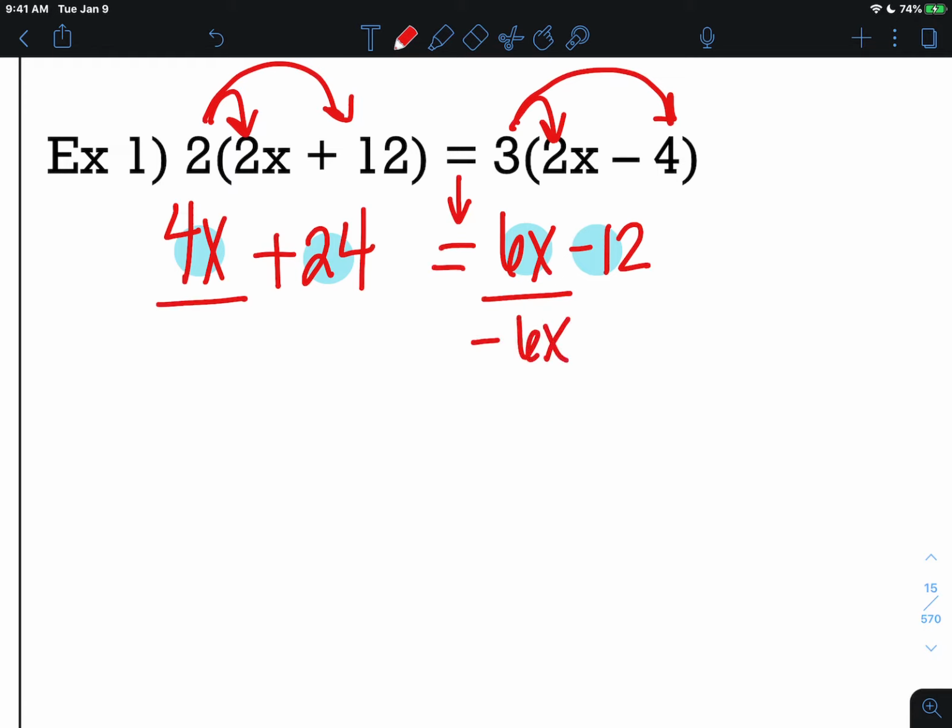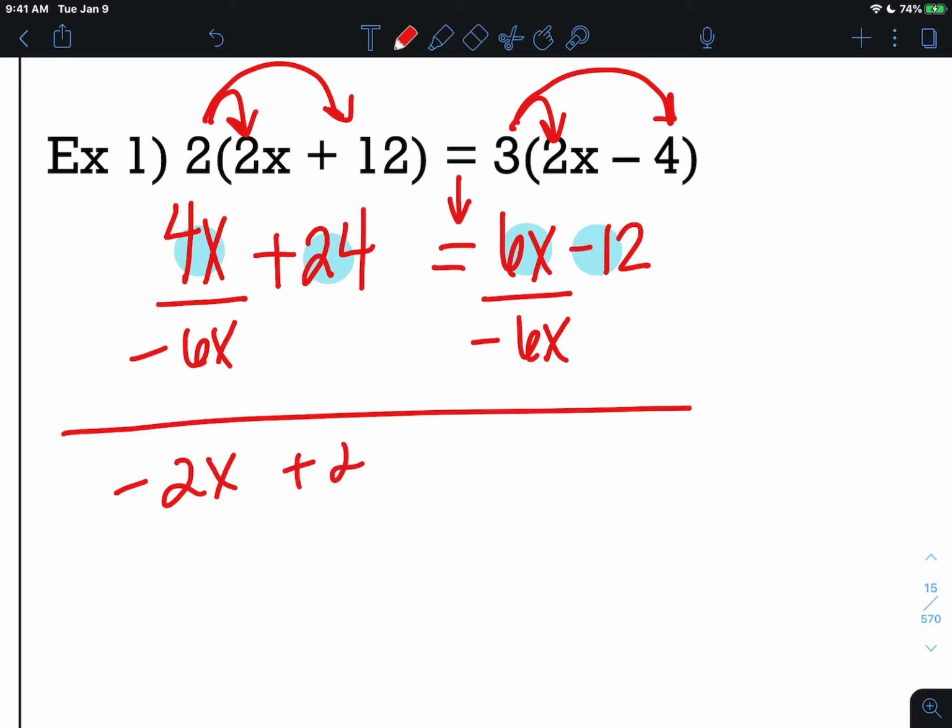So I would do minus 6x, minus 6x. And look at that, now I've created a negative. I've made a really messy situation. Technically, according to math, we can totally do this and still get the right answer. But the reason we want to move the small one is to avoid creating those negatives and making things more difficult for ourselves, okay?